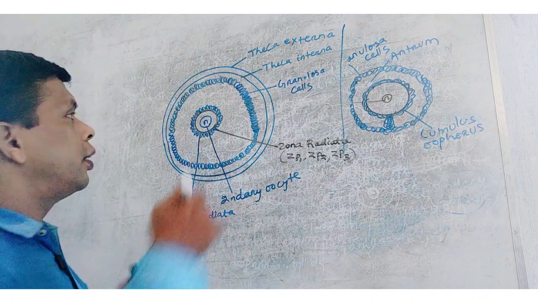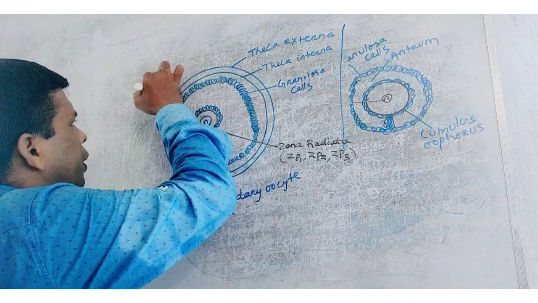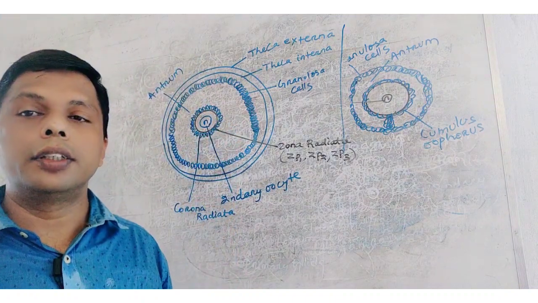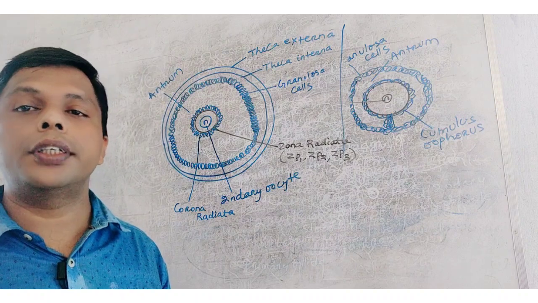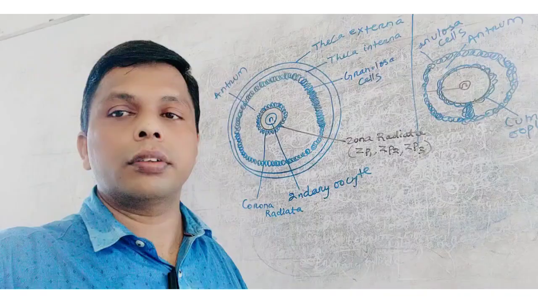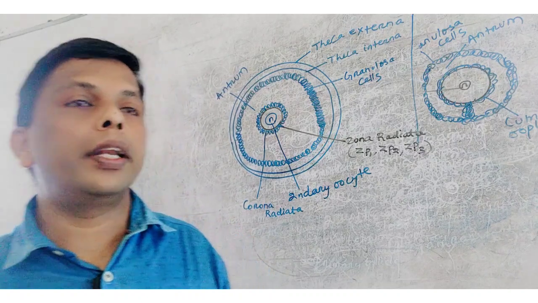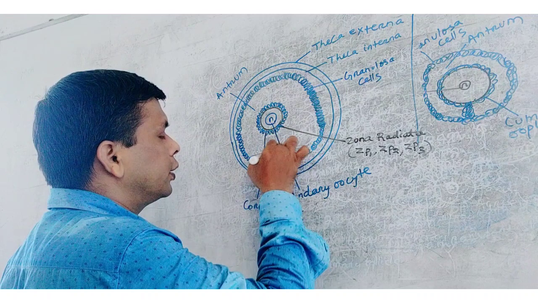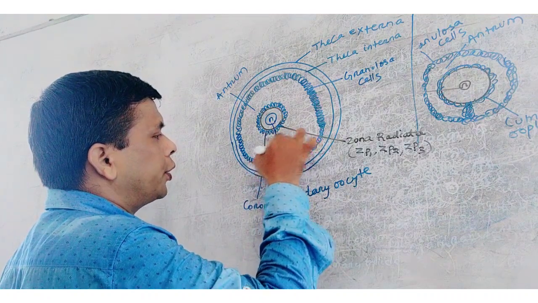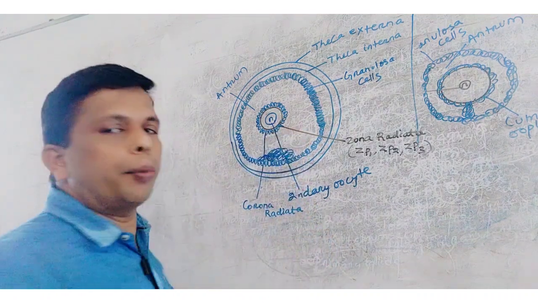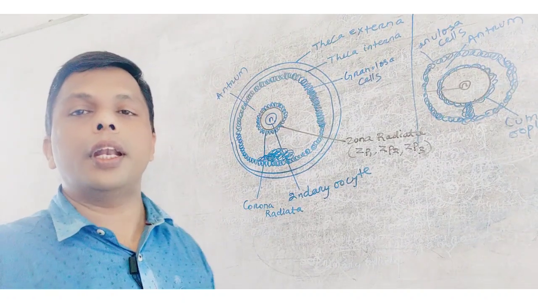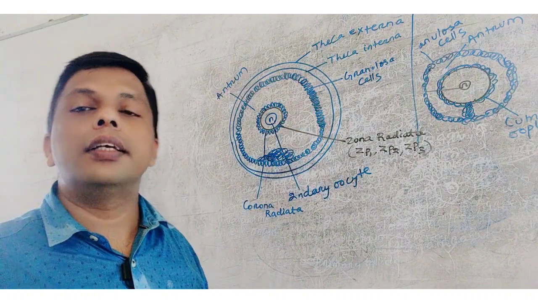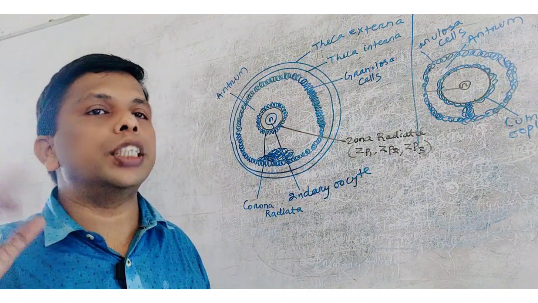The cavity, the antrum, we have already discussed. The cavity is the antrum, the follicular cavity. In some cases a germ hill is present, represented by granulosa cells at the posterior end. This is the germ hill. Clear? So it is all about the Graafian follicle. The Graafian follicle produces estrogen.